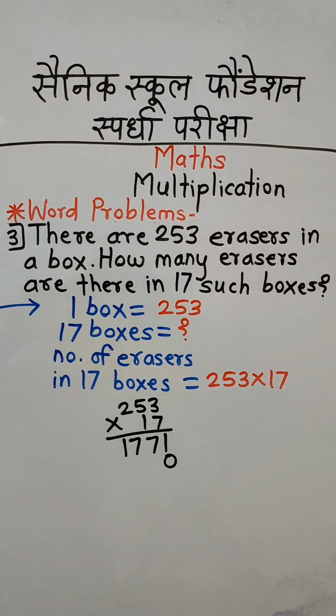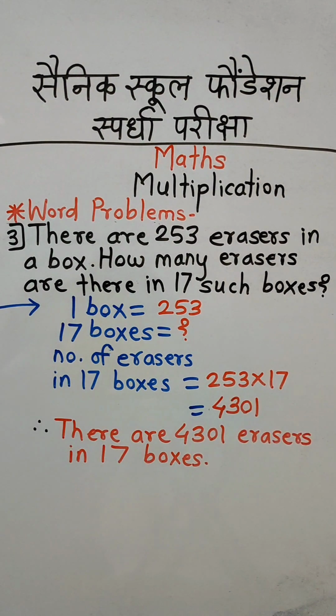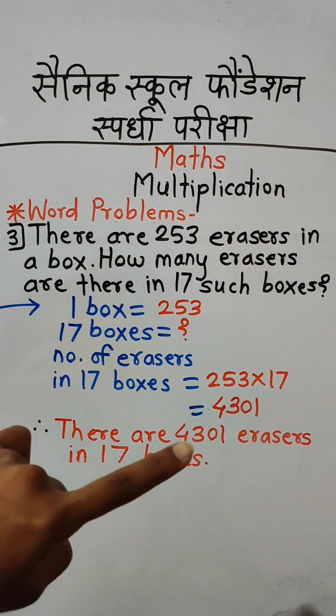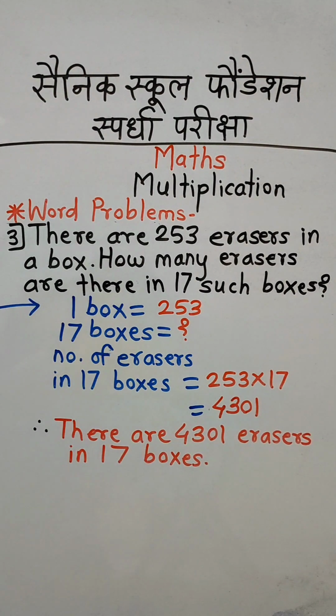Now we'll calculate the multiplication of 253 multiplied by 1. So here we are getting 2530. Now we'll do the addition of both of these answers, that is 4301. That means we are getting the multiplication 4301, and therefore there are total 4301 erasers in 17 such boxes.